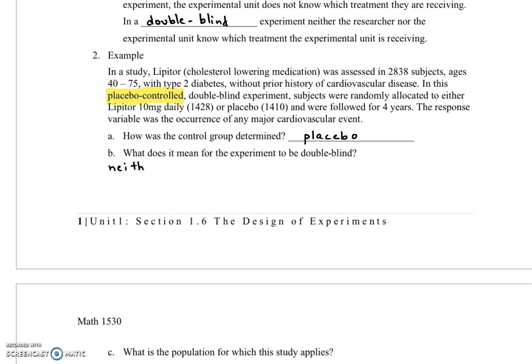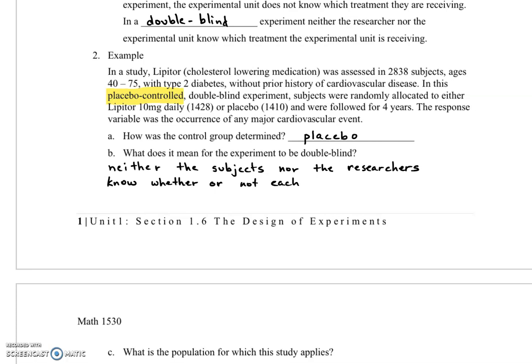Recall that double blind means neither the subjects nor the researchers know whether or not each subject is receiving Lipitor or placebo.